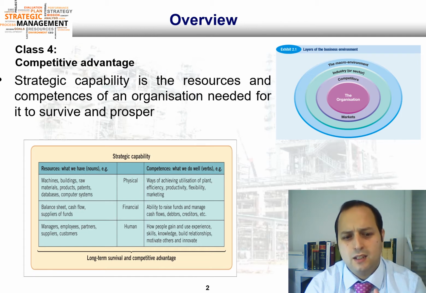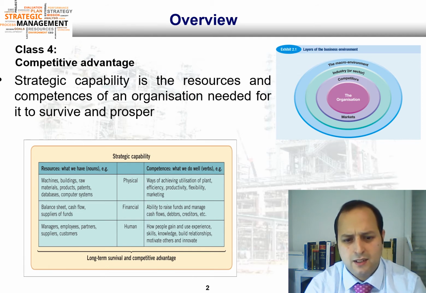As you can see in this image, we can divide strategic capabilities between resources and competences. Resources is more what we have: physical assets, for example, machines, buildings, raw materials, products, patents, and so on.